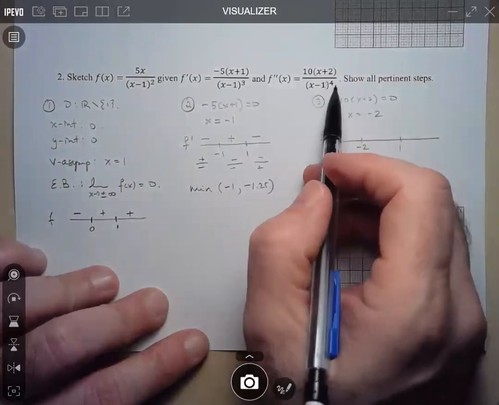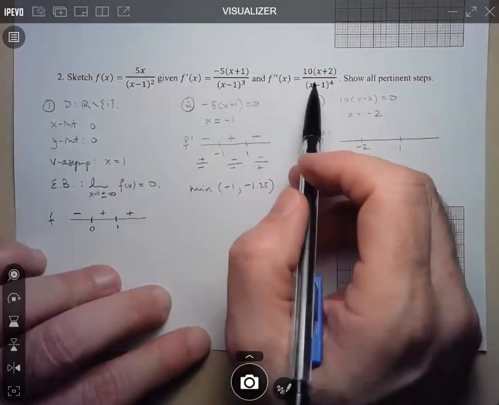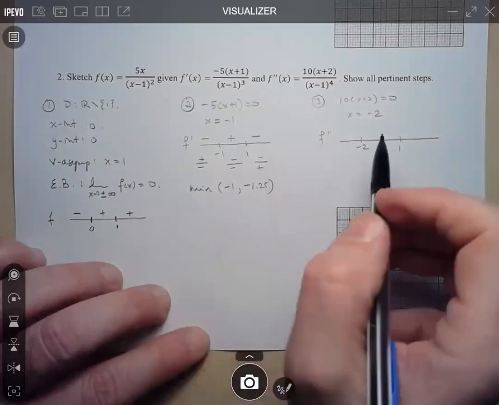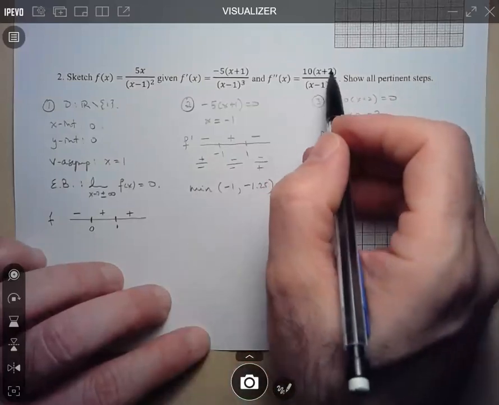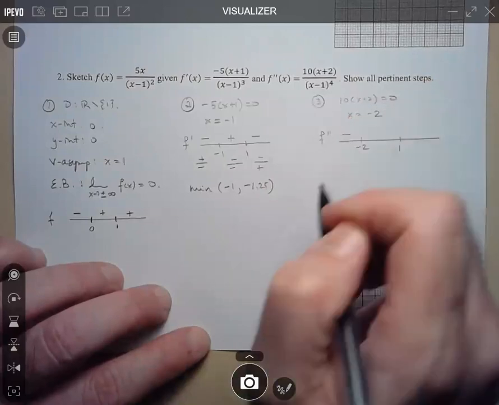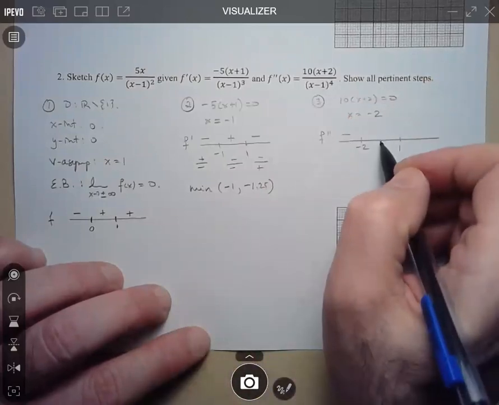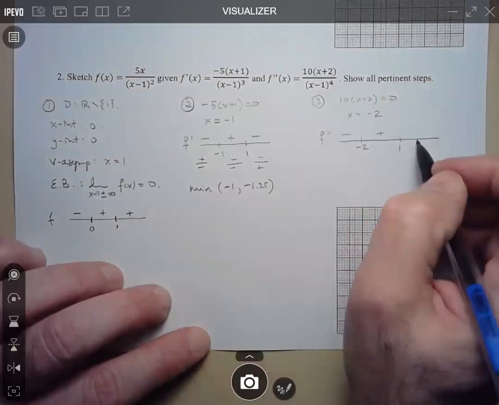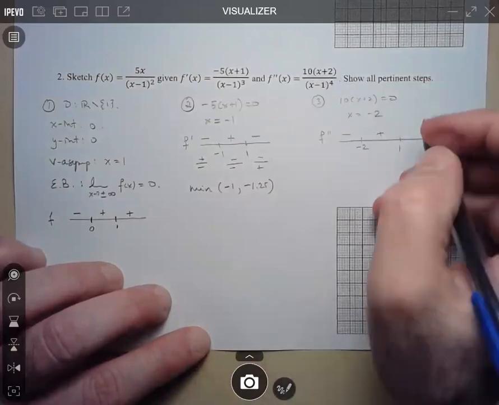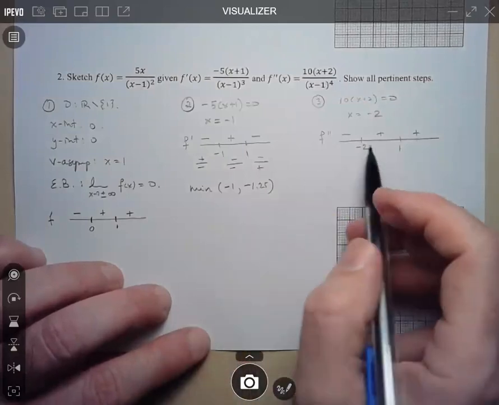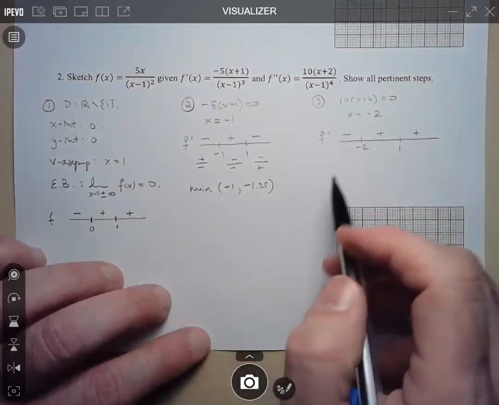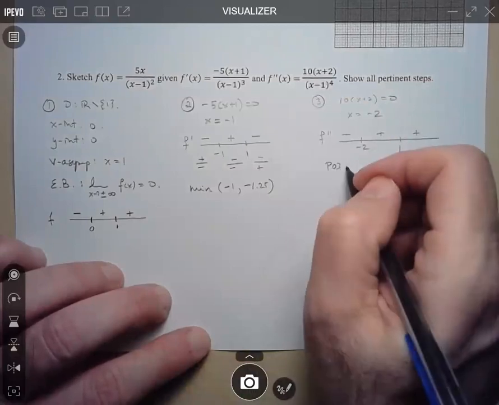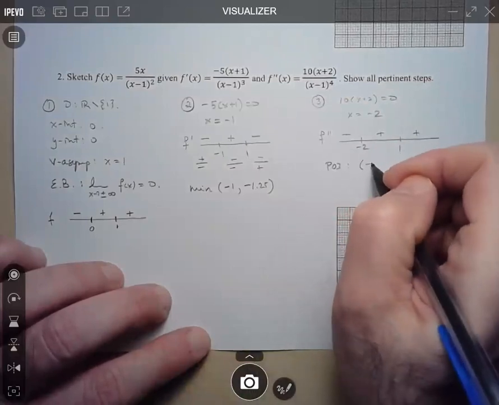The denominator is to the power 4, so it's always positive. So I only have to look at the numerator. If I take -3, -3 plus 2 is negative, so the whole thing is going to be negative. At 0, positive, the whole thing is going to be positive. And here, say 2, whole thing's going to be positive. So my concavity is down, then up, but this means that I have a point of inflection at -2.